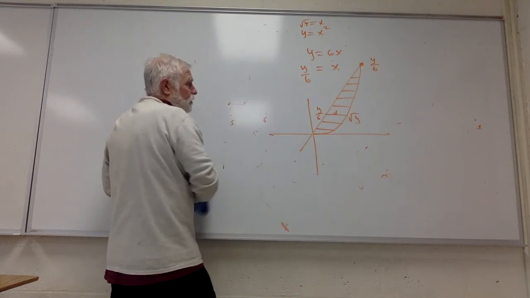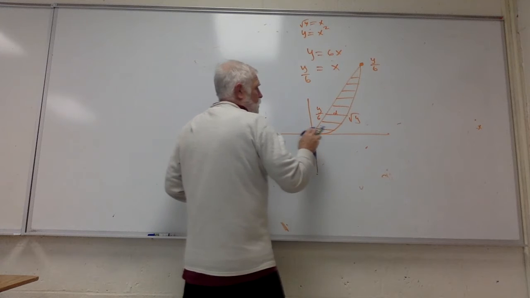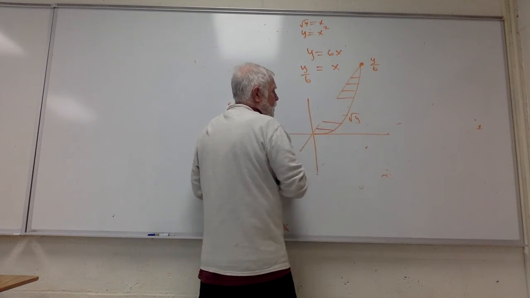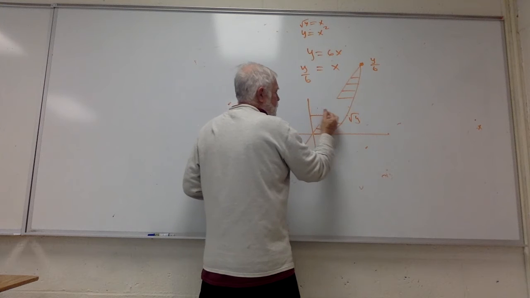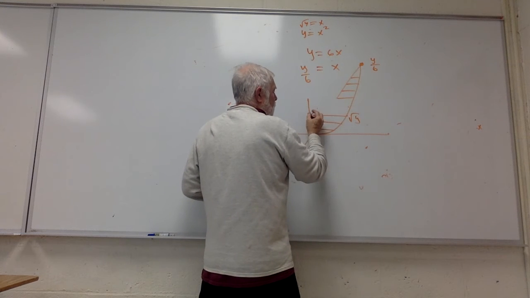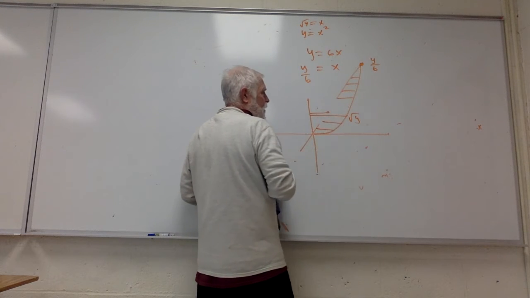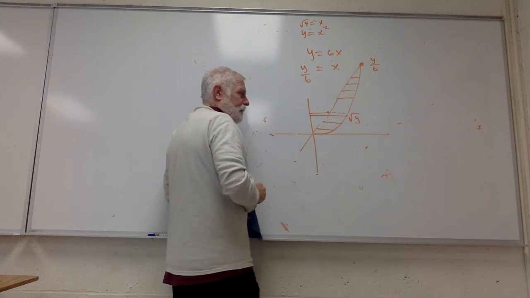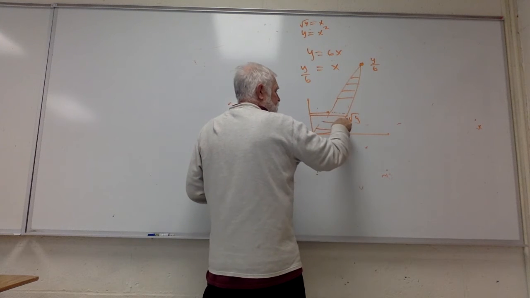Well, it's really 2 distances. It's really the distance from there to there minus the distance from there to there. That's giving us the distance trapped. And now how do I find this distance?